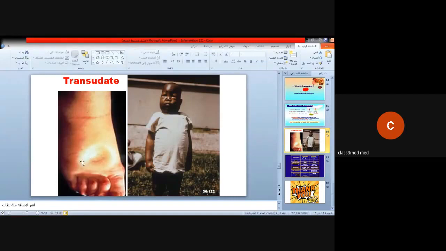And this child has generalized edema, puffiness in the face, distended abdomen due to the accumulation of fluid in the peritoneal cavity, and also pleural effusion. This child has nephrotic syndrome with loss of protein in the urine, causing generalized edema.